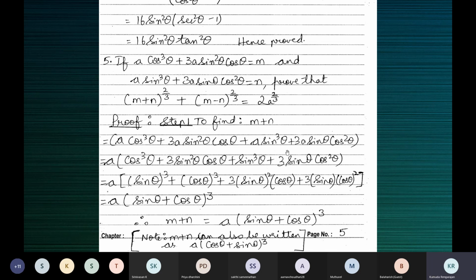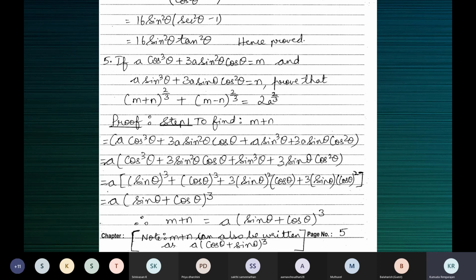Like a cubed, b cubed. I look at this as a cubed and this one as b cubed. So you can write this as sin theta the whole cube, a cube, and this one is b cube. When you have a cube plus b cube, you want to have 3a square b and 3ab square, or 3ab into a plus b, both are the same.